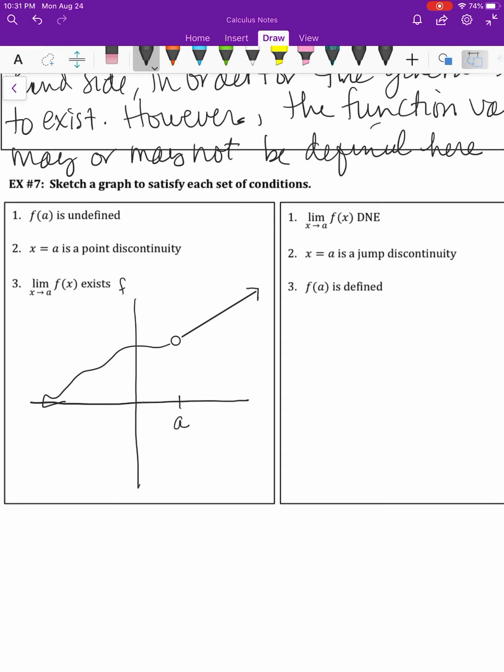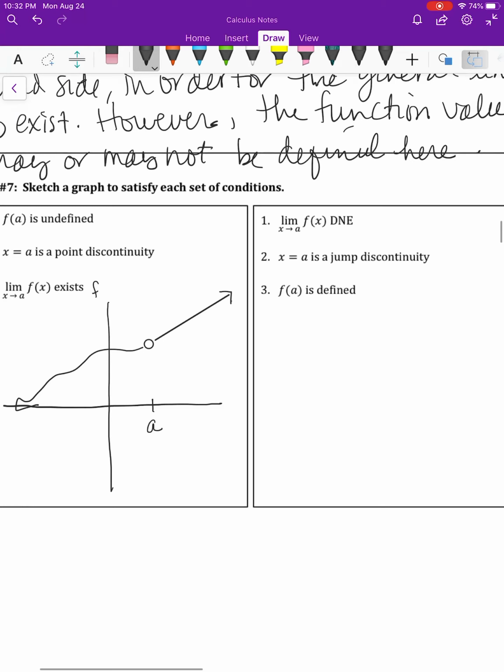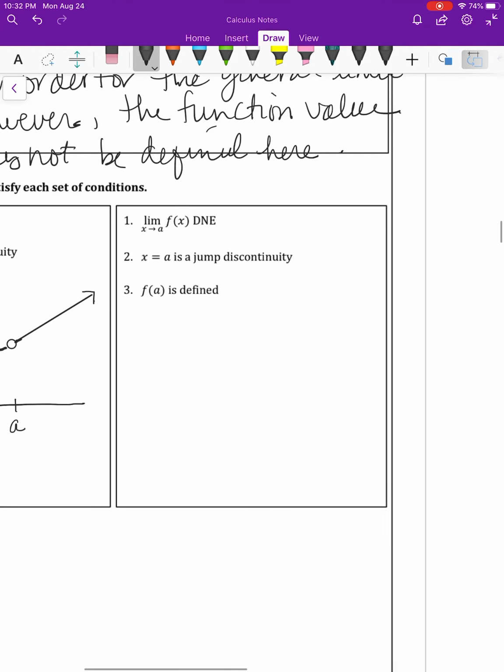You could have drawn anything, but it couldn't have a jump discontinuity. It's a point discontinuity, so that's a removable discontinuity. That's a hole. So it had to go like this, have a hole, but then continue on from that hole.